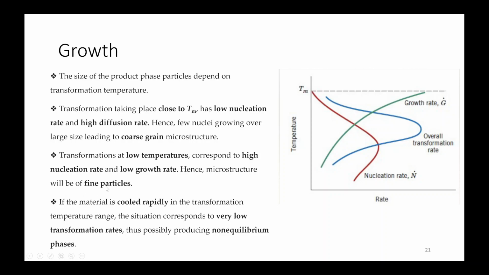Hence microstructure will be of fine particles. And if the material is cooled rapidly in the transformation temperature range, the situation corresponds to very low transformation rates, which will possibly produce non-equilibrium phases.